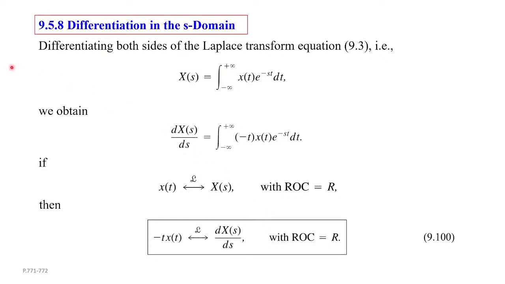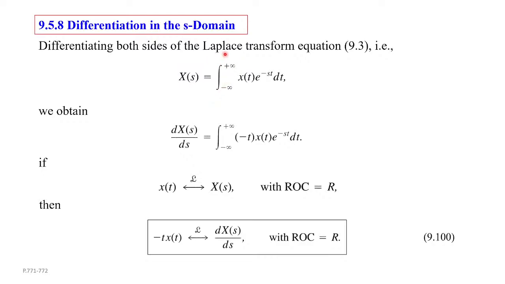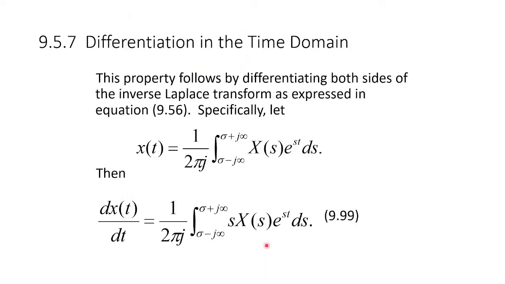And similarly, you can do the differentiation in the s domain by differentiating the analysis relation. So basically, the defining equation for the Laplace transform, and you differentiate with respect to s on both sides, and only this depends on s, so we get a negative t. Negative t x(t) is the Laplace transform of dX/ds.